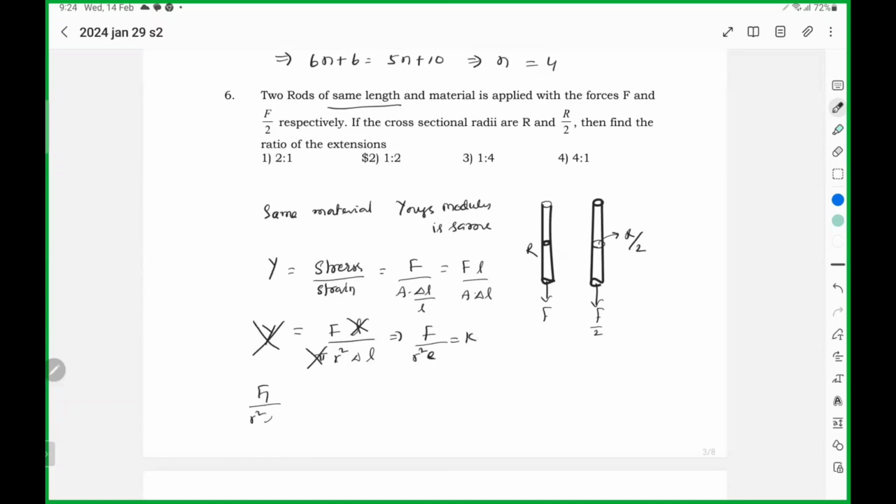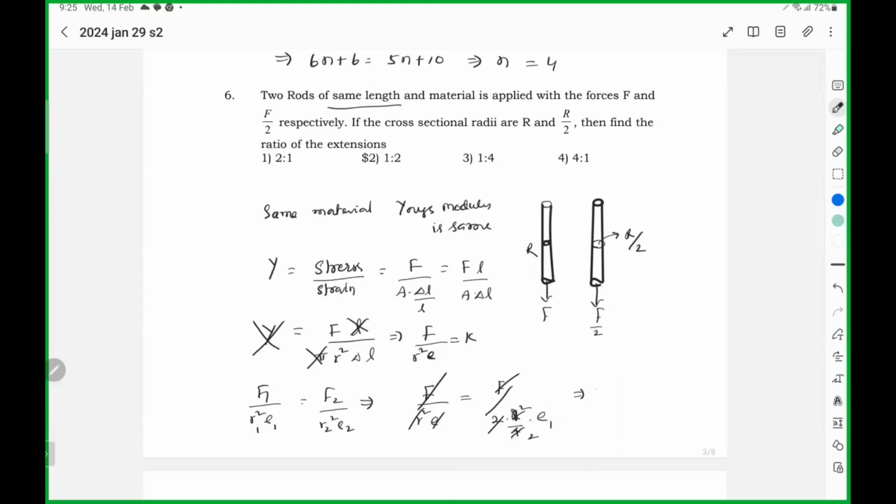F1 by R1 square E1, F2 by R2 square E2. F1 is F, R square, E1 is E; F2 applied force, R square by 4, here E1. F gets canceled, R square E gets canceled, here it is R square by 4.